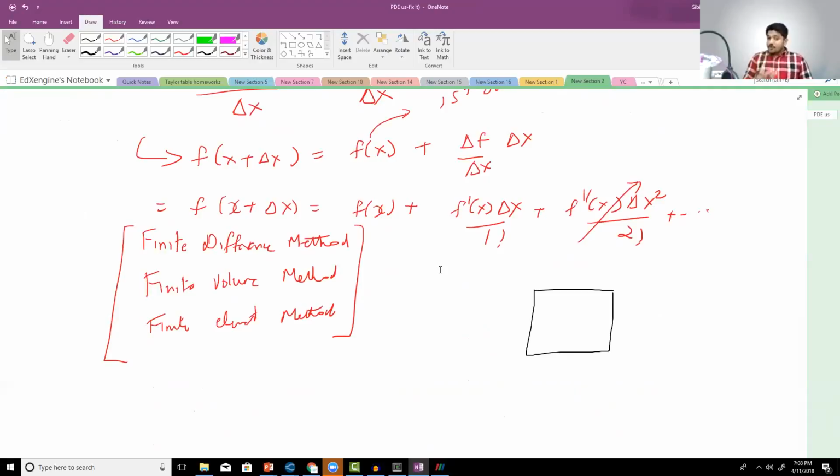For complex geometries, finite volume method is much more beneficial because in the derivation, you don't make any approximation about the shape of the cell. In finite difference, you assume that it's a point and you assume that your grid is Cartesian, meaning your computational grid looks like this.